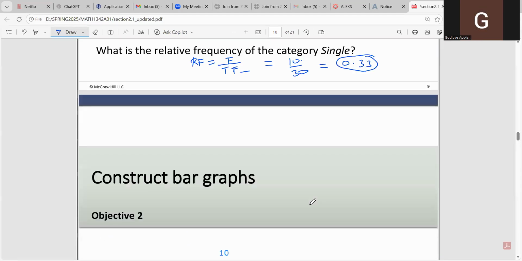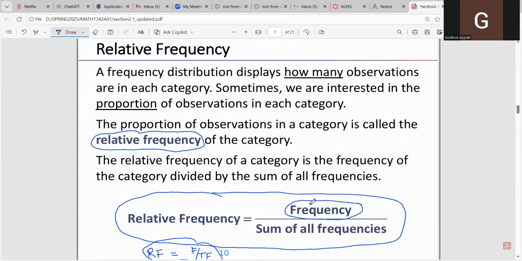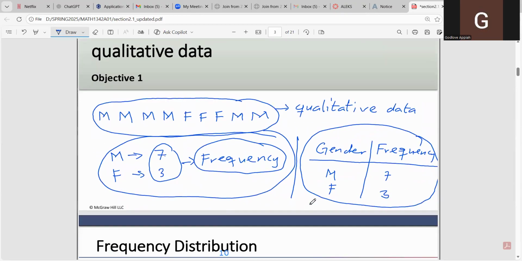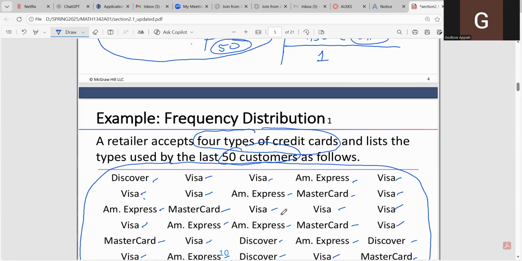So for example, the frequency distribution that we have up here, this table, if you put this table into a graph, that graph is going to be called a bar graph because it's just a graphical representation of this table. When you convert a frequency distribution table or a relative frequency distribution table into a graph, that is simply called a bar graph. We will see shortly how we can construct bar graphs.